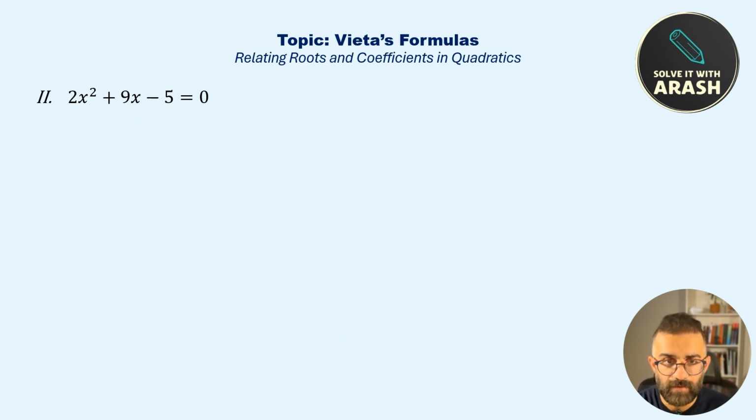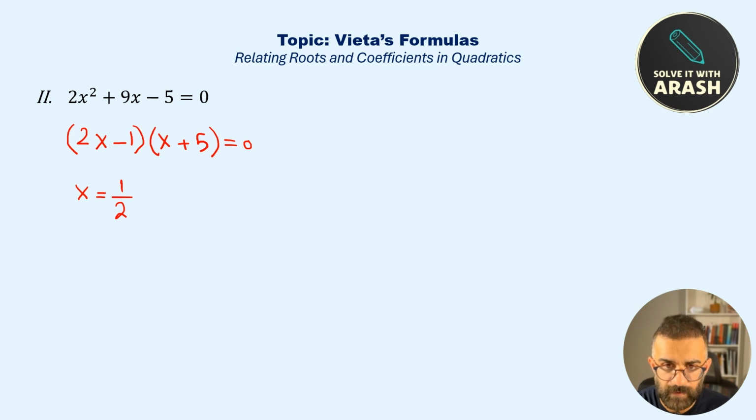First step, we factorize the equation. This equation in factored form is 2x minus 1 times x plus 5 equals 0. Therefore, the roots of this quadratic are x equals 1 over 2 and x equals -5.